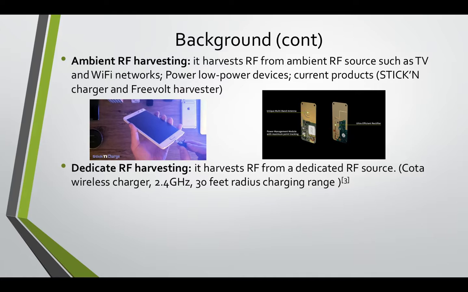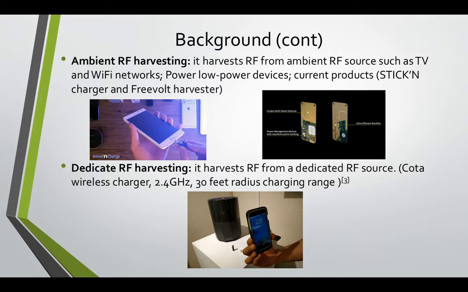Dedicated RF harvesting harvests RF from a dedicated source. The Powercast wireless charger uses this technology. This Wi-Fi charger emits a 2.4 GHz radio frequency to power mobile phones within a 30 feet radius.